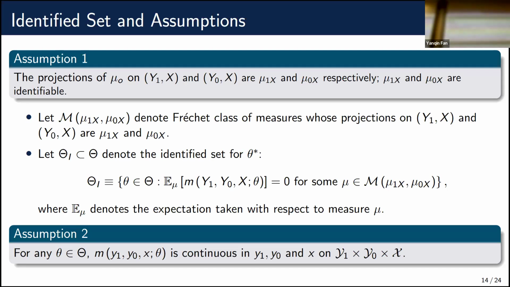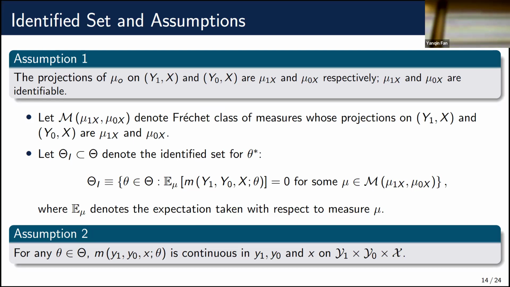So for the general case, remember this is what we'll work with, assumption 1. And this is also familiar to those of you who know OT. This is just the Fréchet class of joint measures whose projections are mu1x or mu0x. So in terms of this notation, we can easily write down the identified set of theta star. What is it?